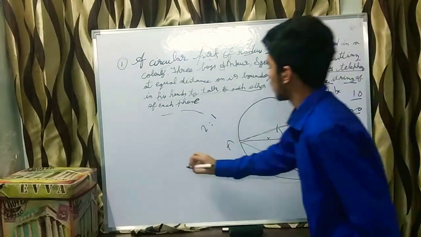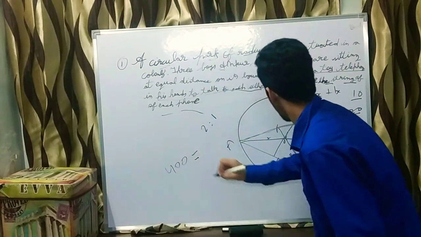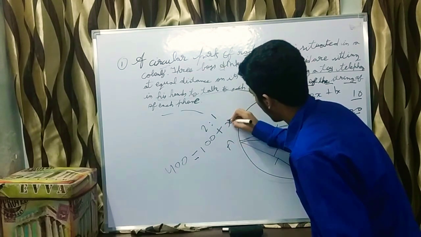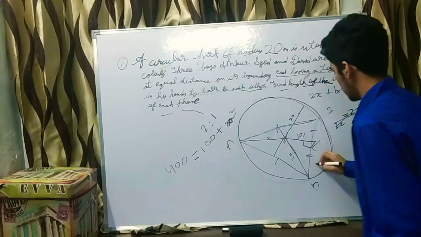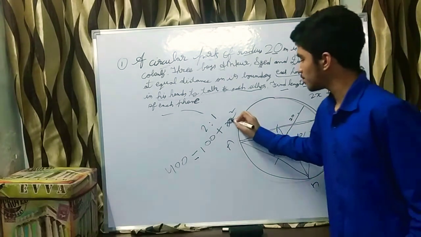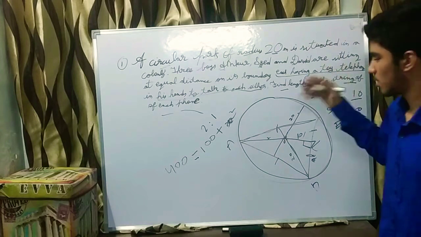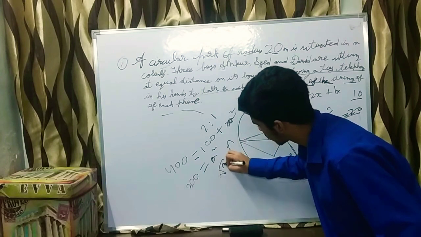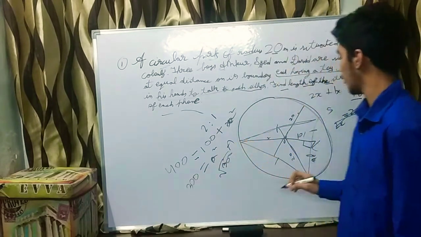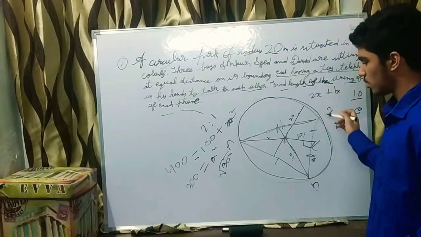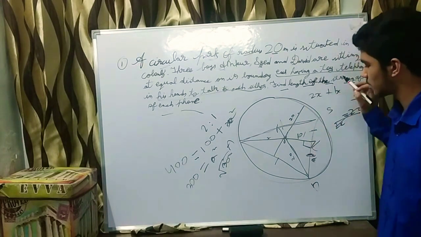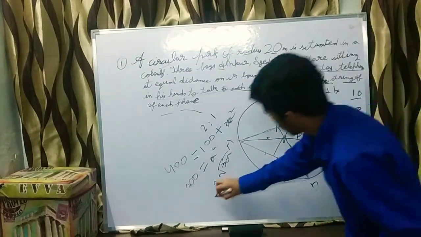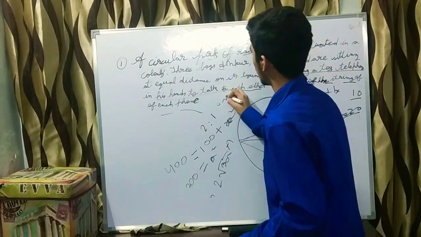Now by Pythagoras theorem we can say that 400 is equal to 100 plus a square. Let us take this side as a. So 300 is equal to a square, which gives a equal to root 300. This is just one part; we have to multiply by two, then by three. So 3 into 2 is 6 root 300.